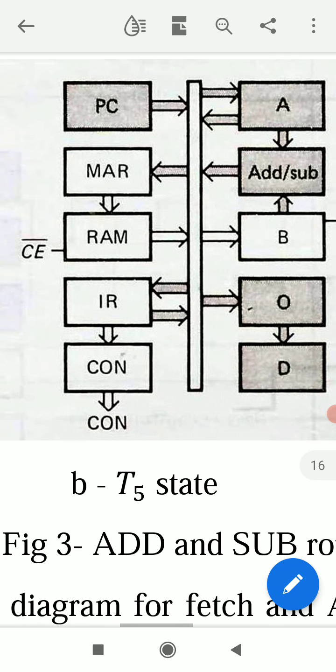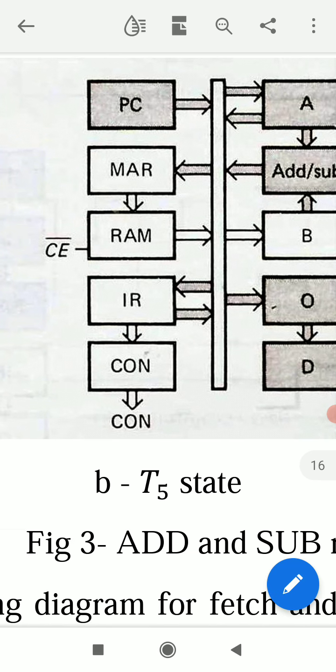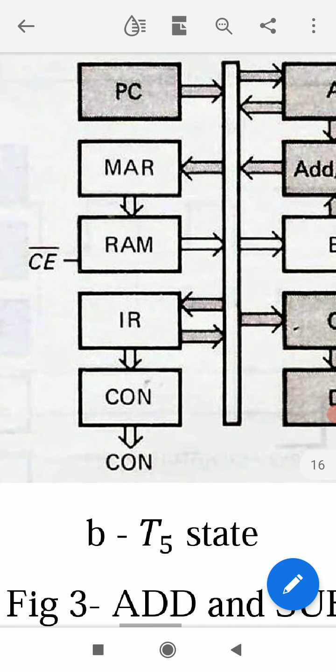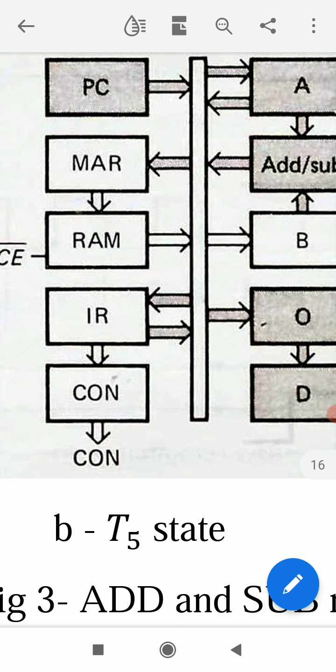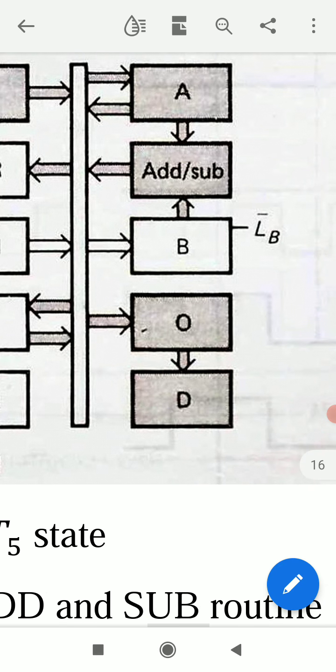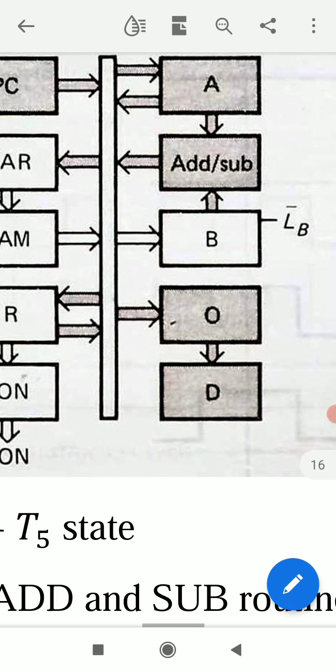So first of all we have to make this CE bar active. When CE bar is active, chip enable is active, the content of RAM goes to W bus, and from W bus this word goes to B register when LB bar is active, load B register.